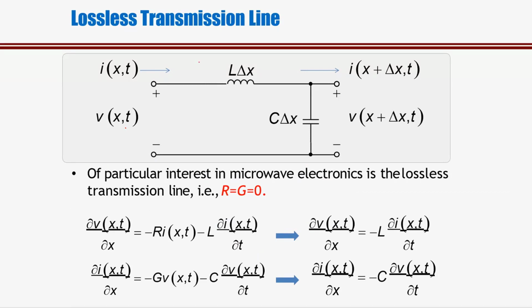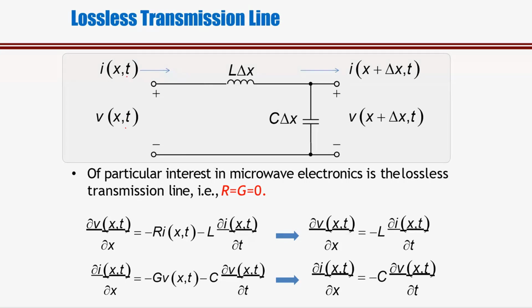Now let us consider the lossless transmission line. Lossless means what? There is no dropping off of voltage or current because of resistance. Whenever a resistance is present in the path of current, some voltage will be dropped, right?